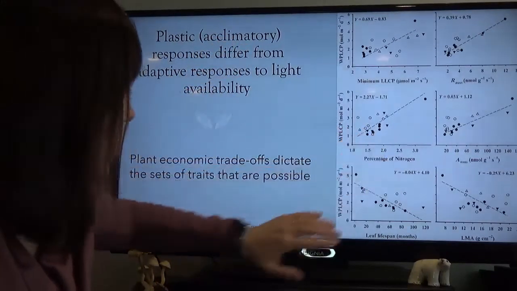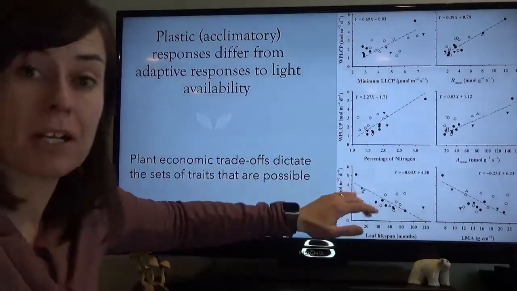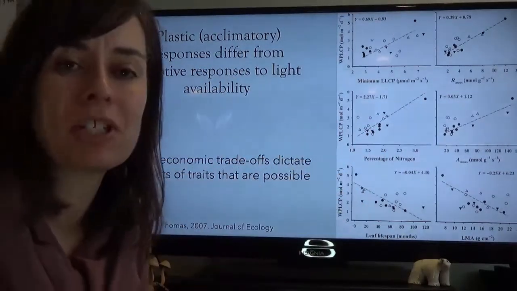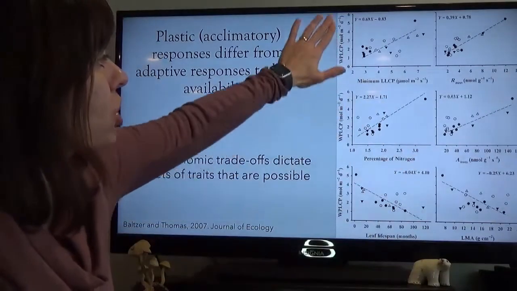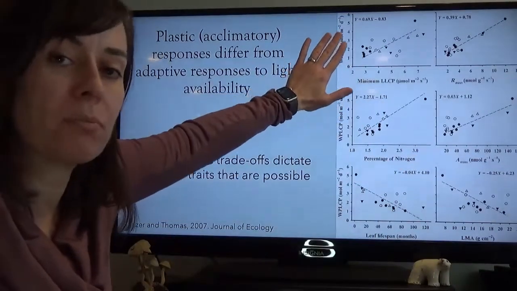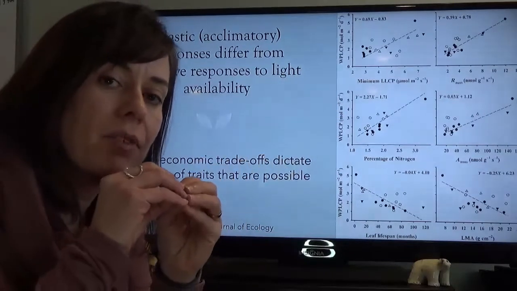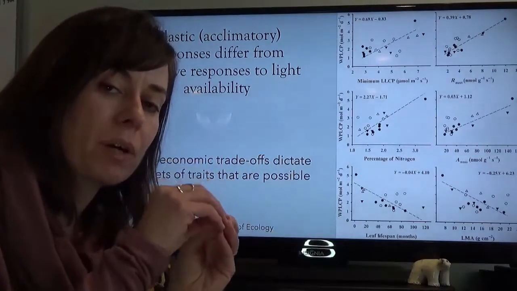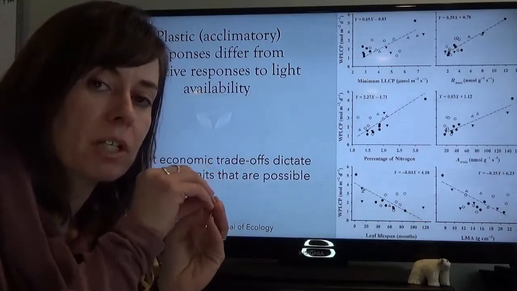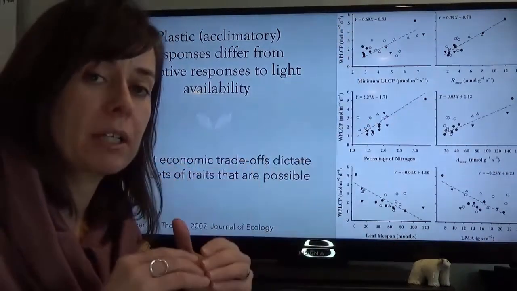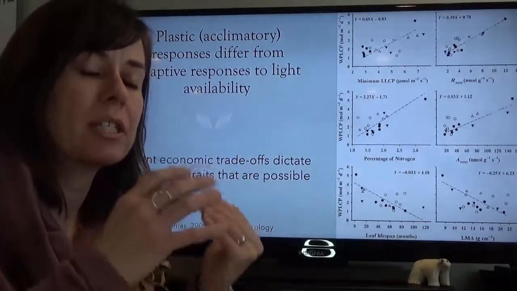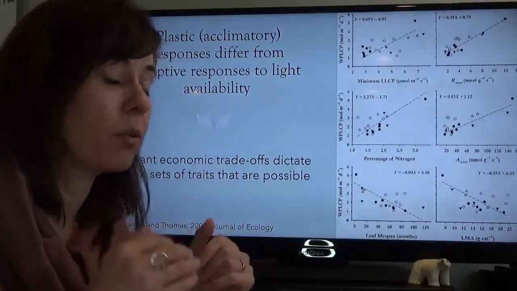This is actually work that I did during my PhD, when I was maybe just a little bit older than you folks. Here we measured shade tolerance, so whole plant light compensation point. If you recall, the light compensation point was where photosynthesis balanced respiration. In this case, whole plant light compensation point is where your carbon gains at the whole plant level meet your carbon losses at the whole plant level.